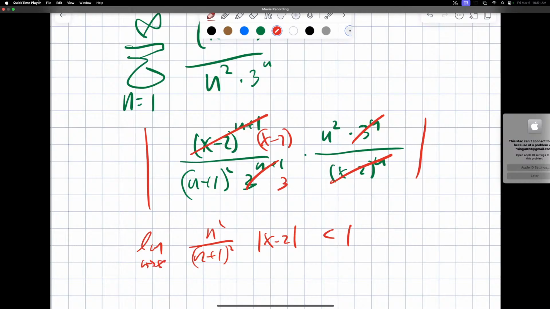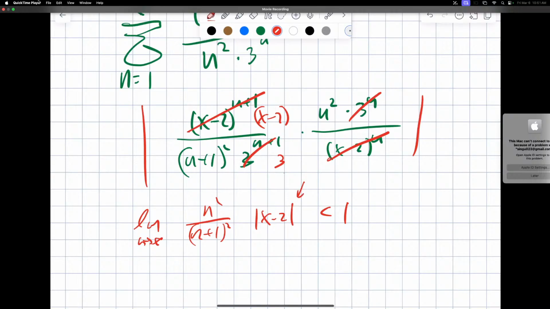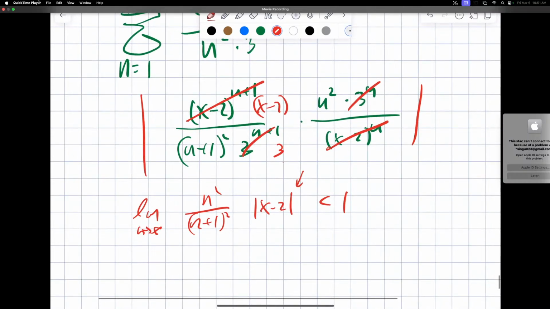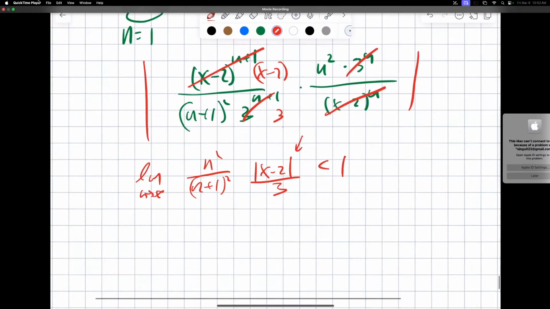If you put it separately, you can see the absolute value only belongs here, not the whole thing. It makes it less confusing. Where'd the 3 go? Oh, 3, yep. So this limit is 1 because the highest degree is n squared. This part is going to be absolute value of x minus 2 over 3 less than 1.